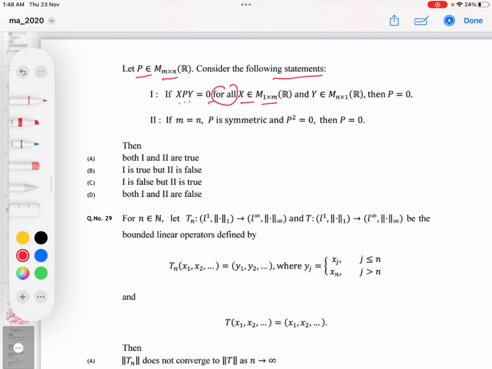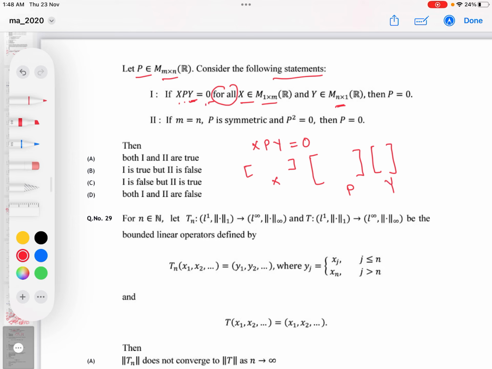So x is some row with 1 row and m columns, so x will be this kind of matrix. And P is m cross n, so P will be this kind of matrix. And y is n cross 1, so it has n rows and 1 column, so it will be this kind of matrix.